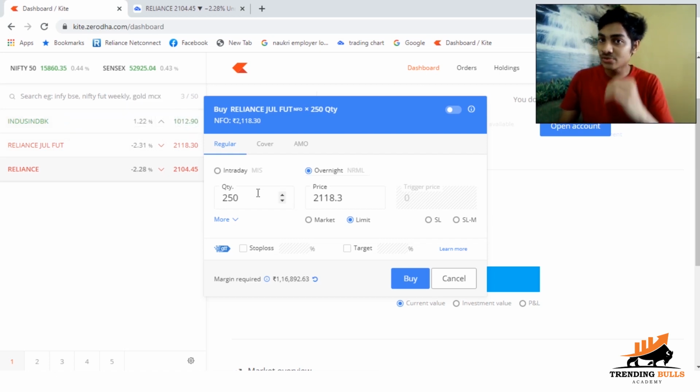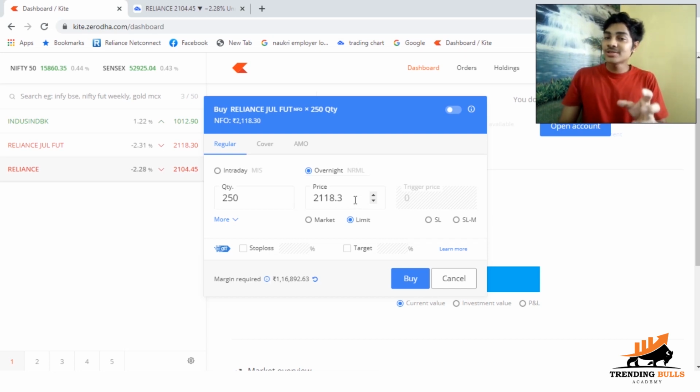But if you short in futures, you can hold it as a swing trade. So let's say your target is not achieved today, you can hold it to the next day, and maybe tomorrow if your target is achieved, then you can buy back the future lot. That becomes the added advantage.